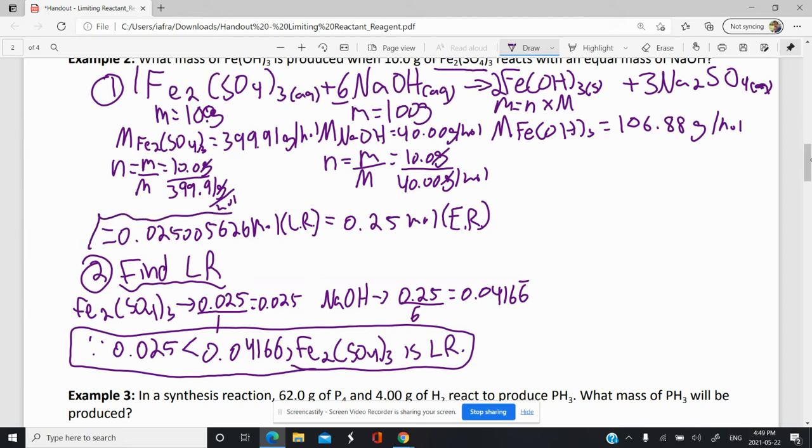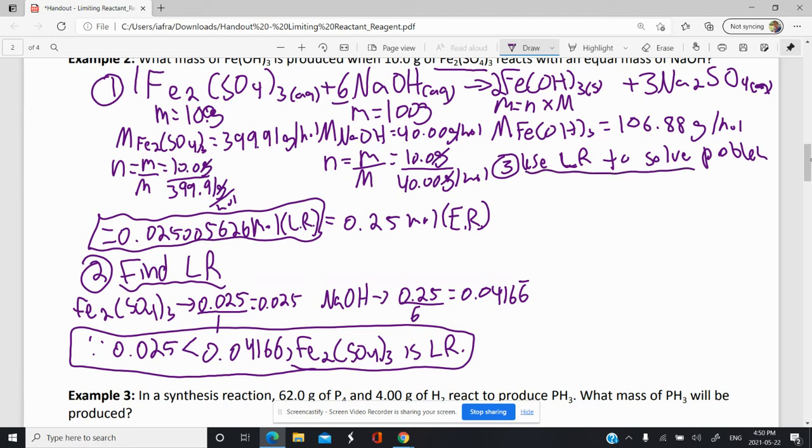And that's the one I want to use going forward. So for step 3, use LR to solve the problem. So we have a ratio of 1 Fe2(SO4)3 for every 2 iron 3 hydroxides, because it's a 1-to-2 ratio.